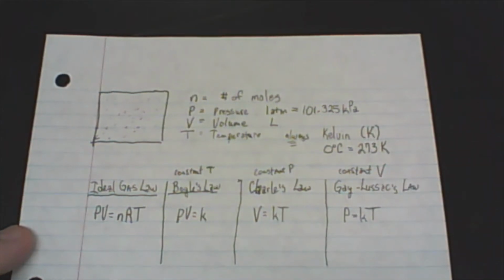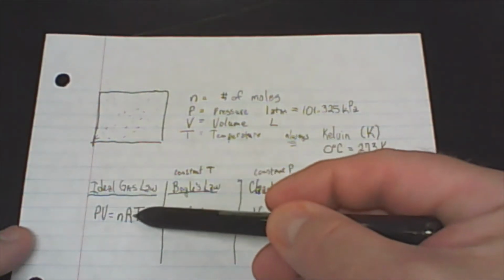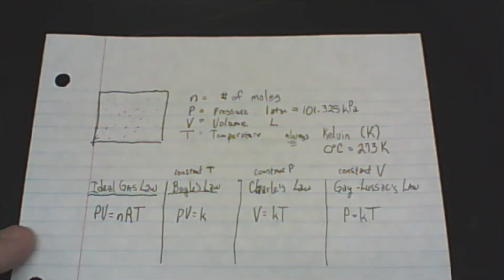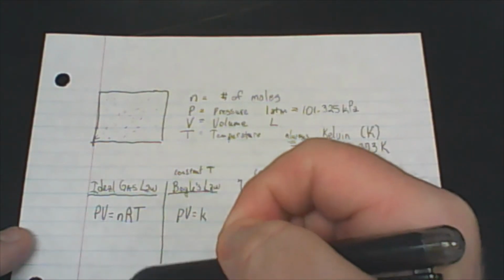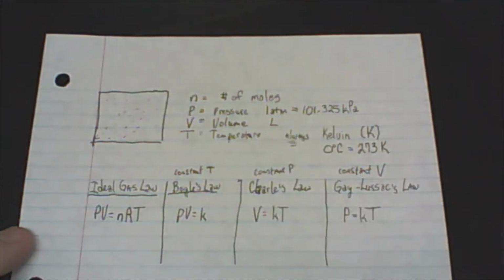However, where they do come in very, very handy is if we're working with a single sample of gas and the conditions change. If the pressure, volume, and temperature are changing for that gas, then as long as it's the same sample, R would remain the same value, and n would remain the same value.